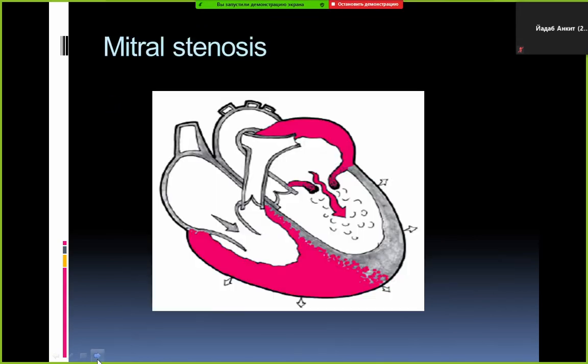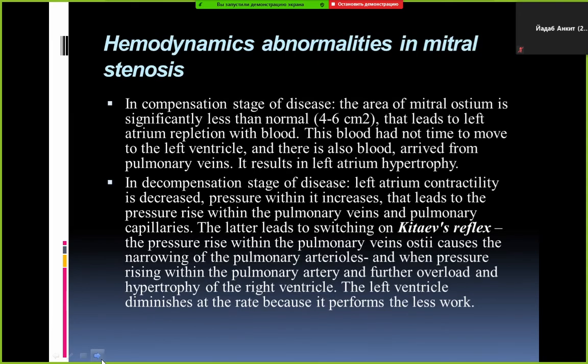So first we will talk about mitral stenosis. Mitral stenosis means diminishing of the area of mitral ostium. Mitral stenosis has two stages, compensation stage and decompensation stage.